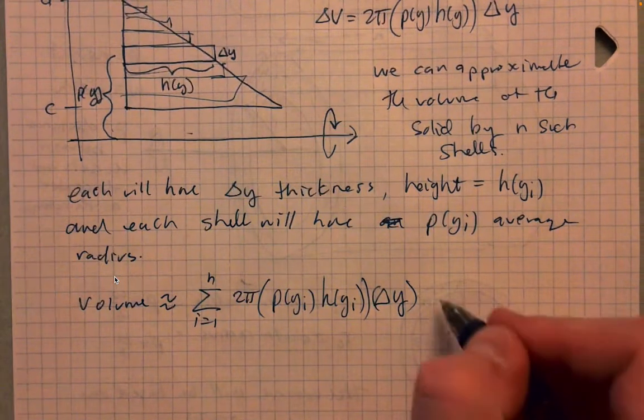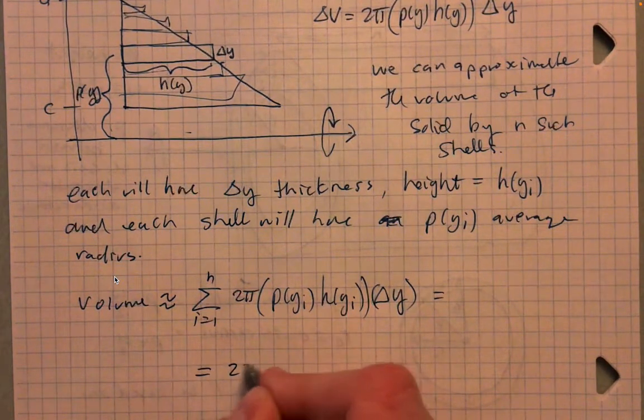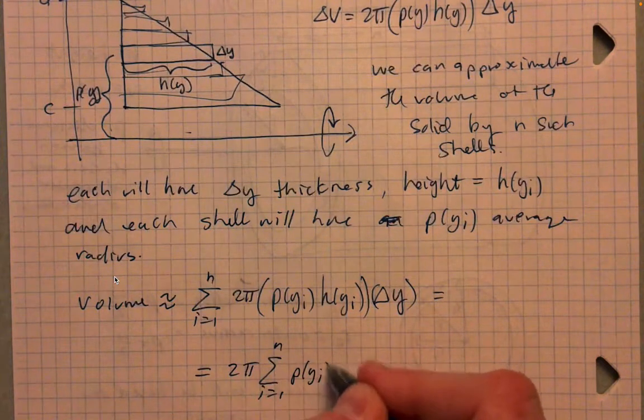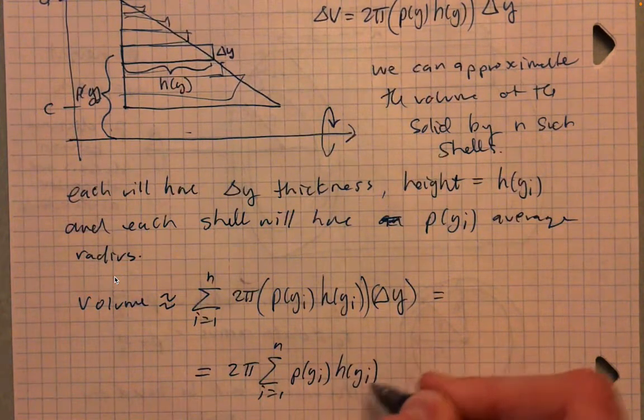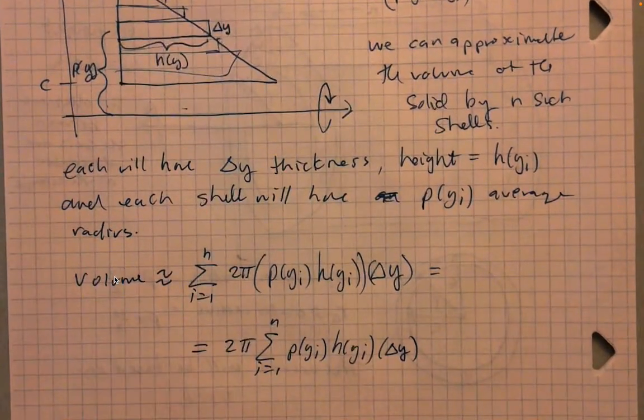Just to write that slightly differently, it'd be 2 pi times the sum, i equals 1 to n, of p of yi h of yi delta y. So this is going to approximate the volume.